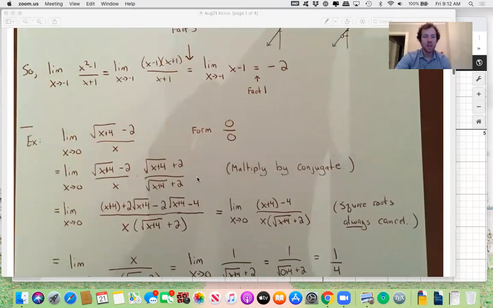So what I mean by conjugate is you look at this square root expression on the top, this square root of x plus 4 minus 2. Take the version of this with a plus instead of a minus and multiply that on the top and bottom here.